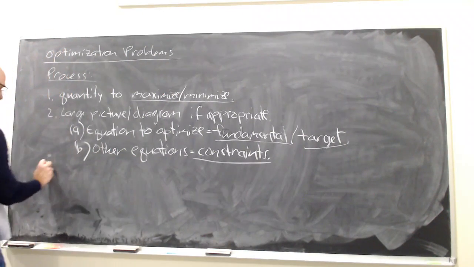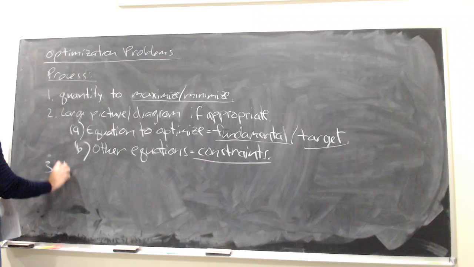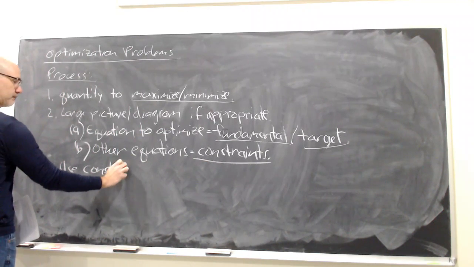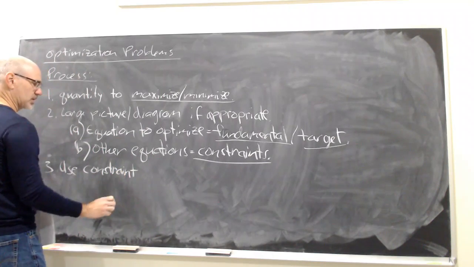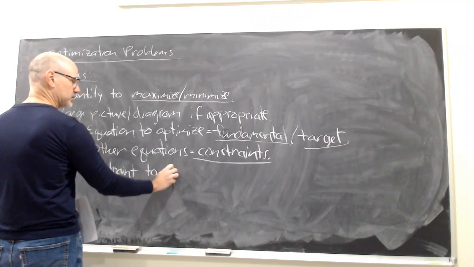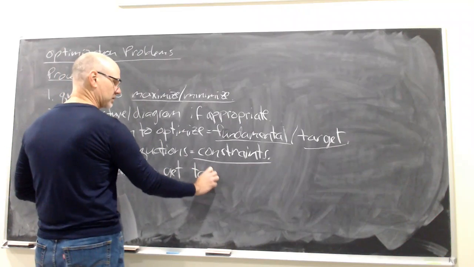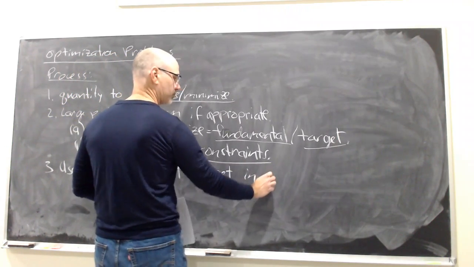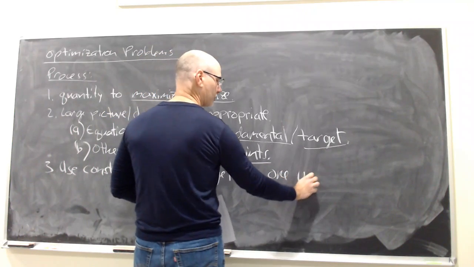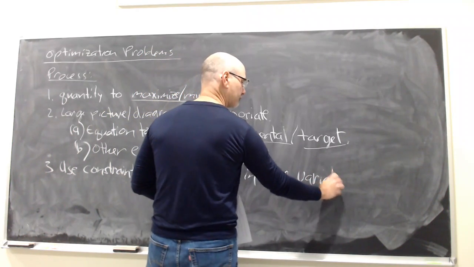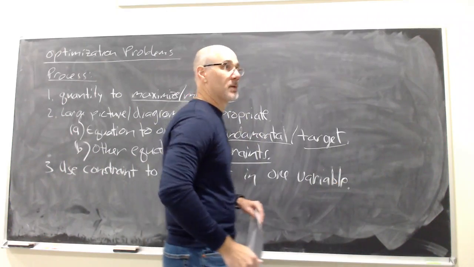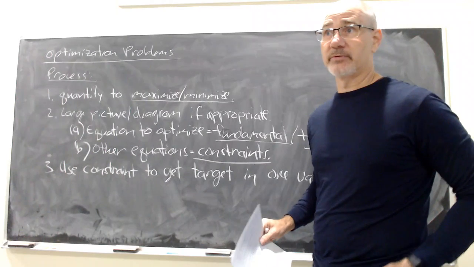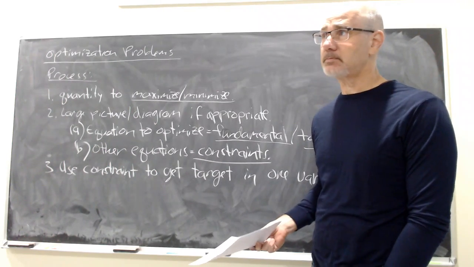All right, so this is usually one of the steps. We use the constraints. It's usually only one. So we use the constraint to get the target in terms of one variable. So often the target equation when we first start off is going to have more than one variable in it, typically two.